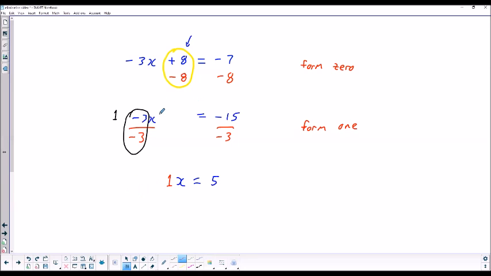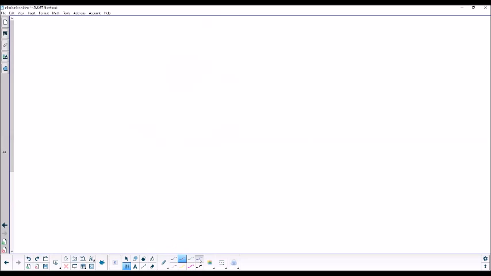The reason I'm using this term eliminate is because now we're going to move on to solving a system of equations. My system of equations is 7x minus 4y equals negative 7, and the second equation is 5x plus y equals 22.